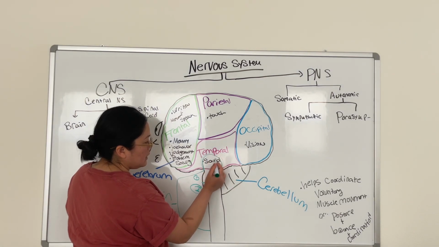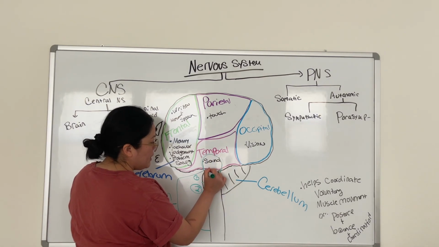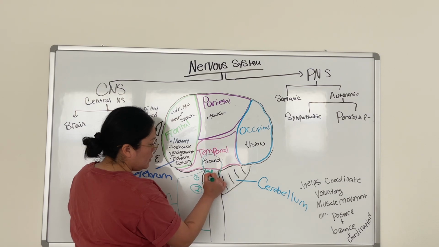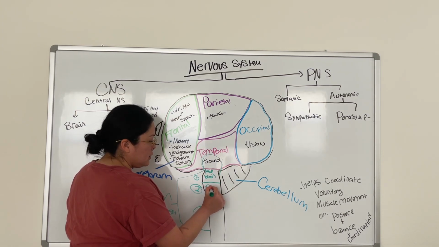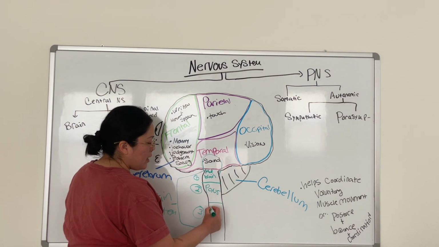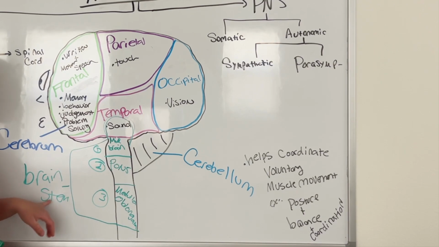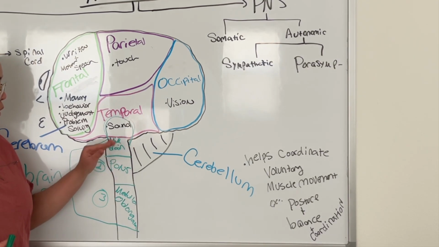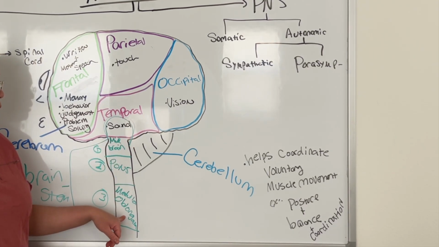Just imagine it's actually right here. This is your midbrain. Next, you have your pons. And lastly, you have your medulla oblongata. So your brain stem is composed of your midbrain, your pons, and your medulla oblongata.